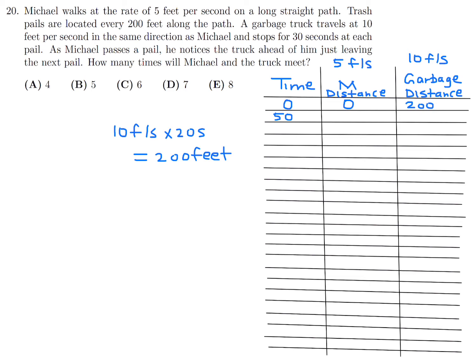And that's how long it takes for the truck to travel. But once the truck reaches the next pail, it stops for 30 seconds. So 20 plus 30 is 50 seconds, and that's the time interval that we need to look at. So when that happens, this garbage truck will be at 400.